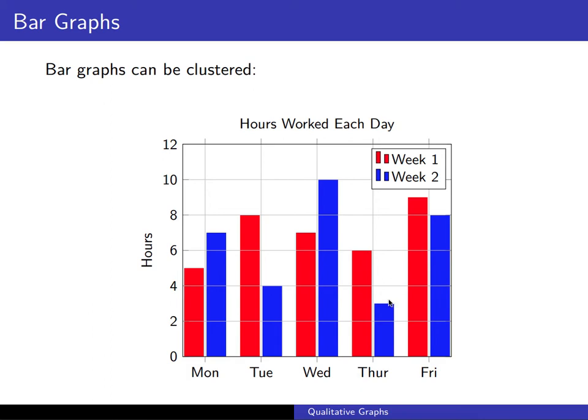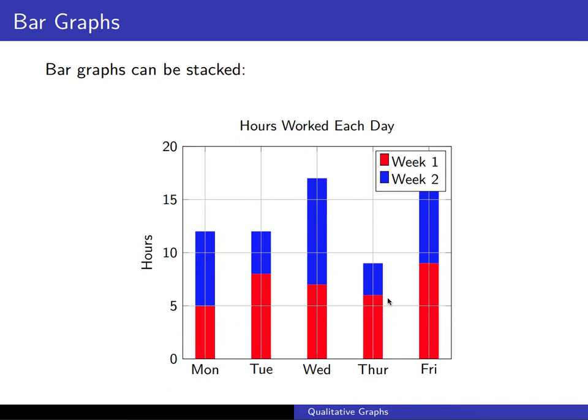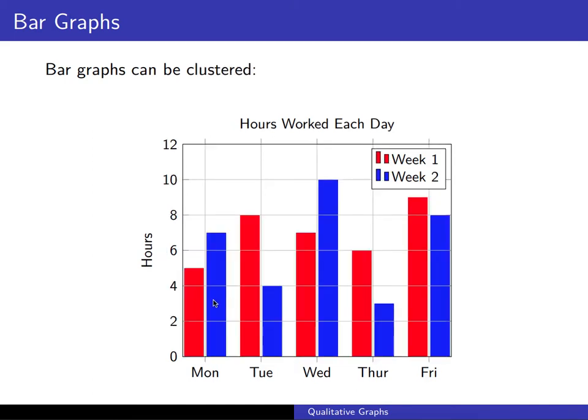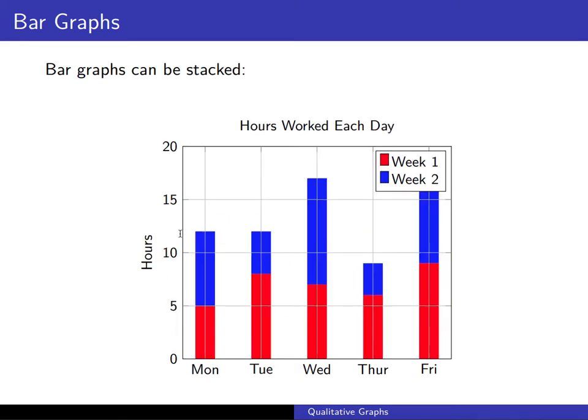We can also create what are known as stacked bar graphs, where we take week 1's total plus week 2's total for each of the days and then stack the bars on top of one another. So in our previous one, for instance, we had 5 hours on the first Monday and 7 hours on the second Monday, making a total of 12 hours for our Monday.